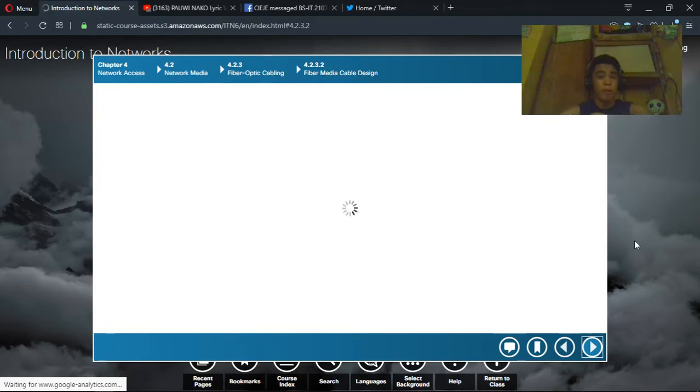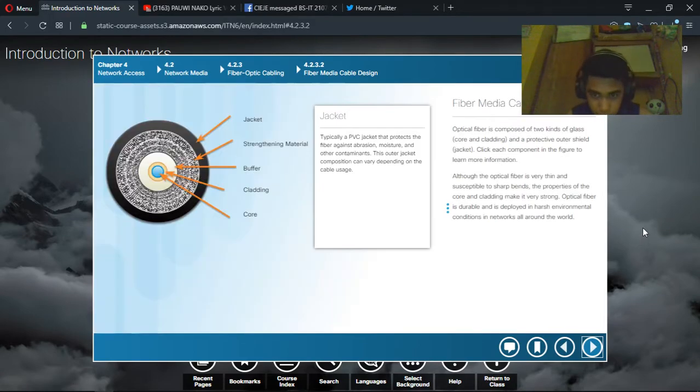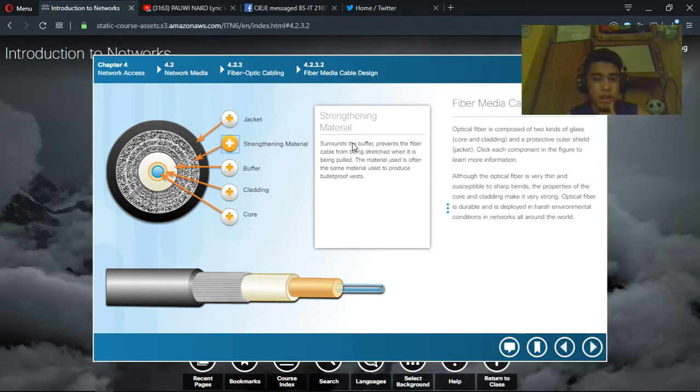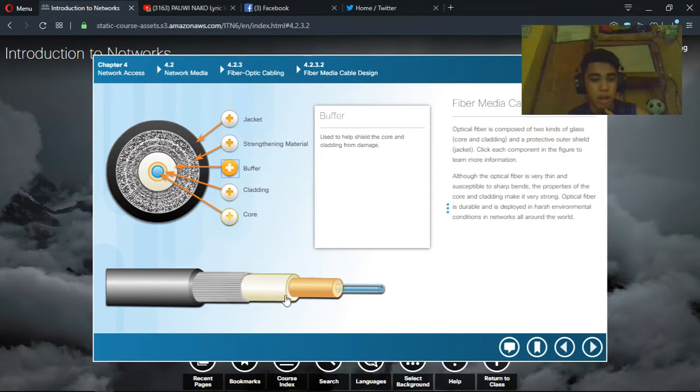Next is fiber media cable design. It has a jacket, and a strengthening material surrounds the buffer, which prevents the fiber cable from being stretched when it is being pulled. The buffer helps shield the core and cladding from damage.